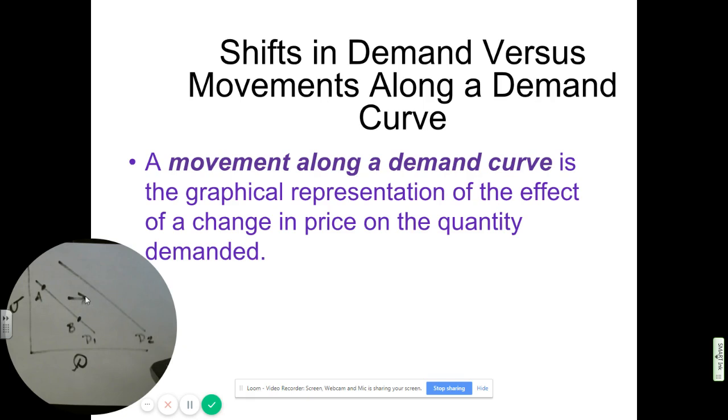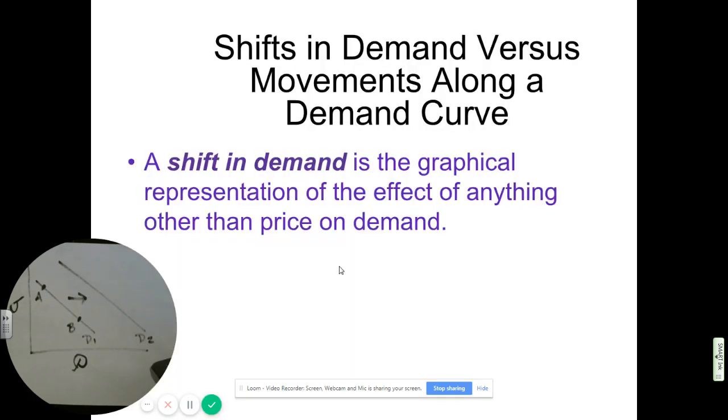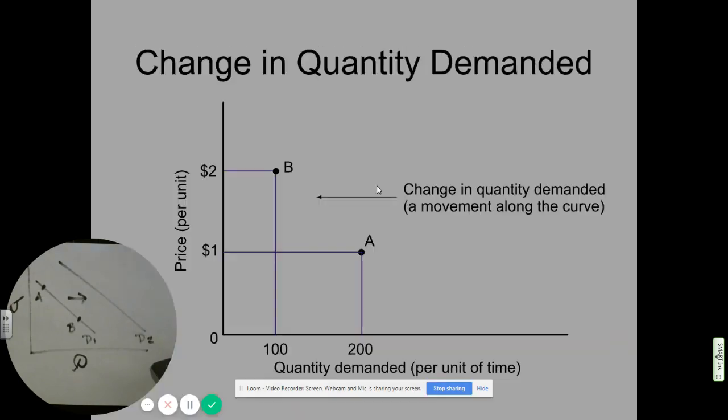So something other than price has caused this demand curve to shift completely, because whenever this shifts, this is a change in demand, not a change in quantity demanded like we see whenever we move from A to B. So anytime the entire curve moves, whether it's to the right or to the left, it is a change in demand.